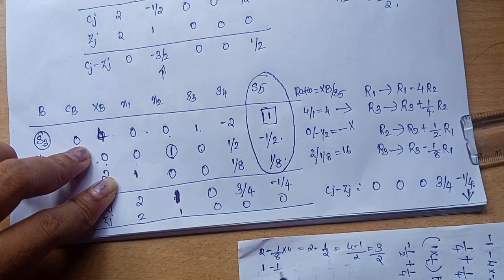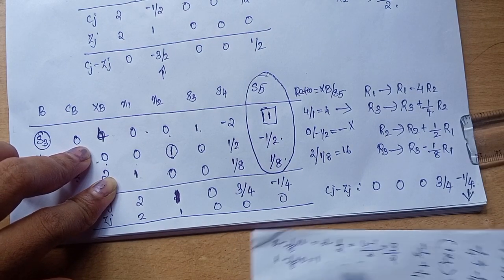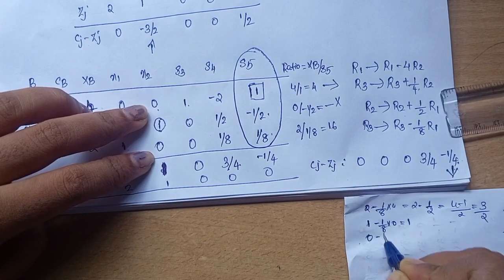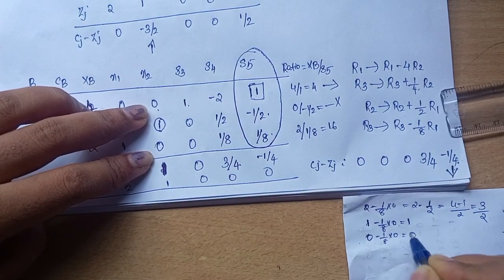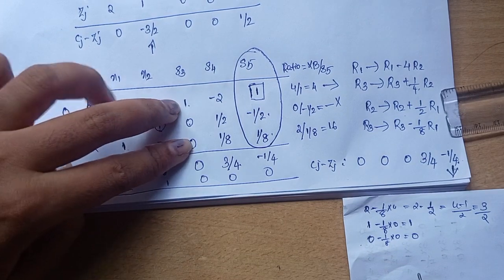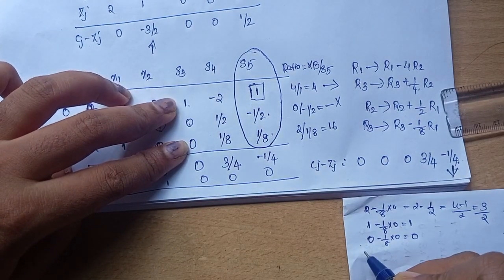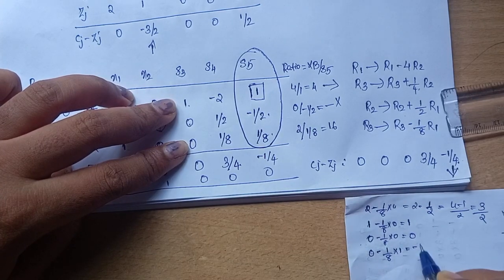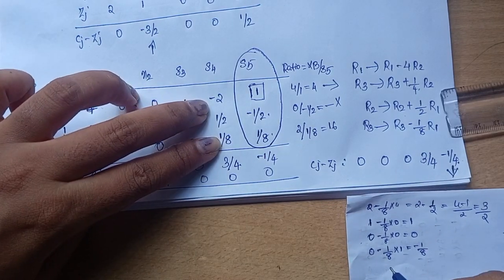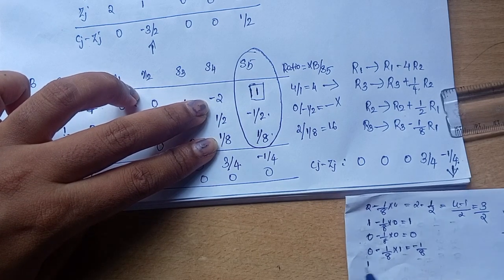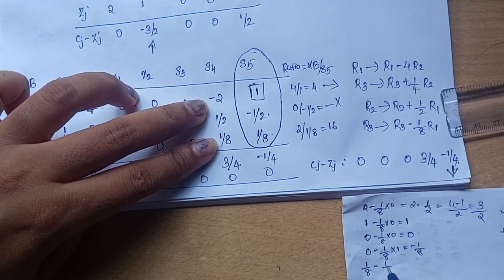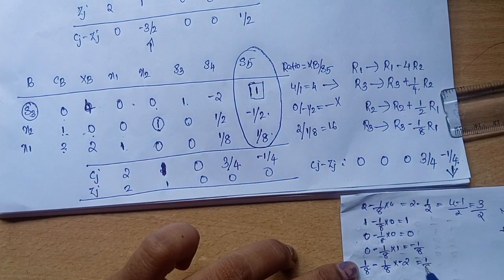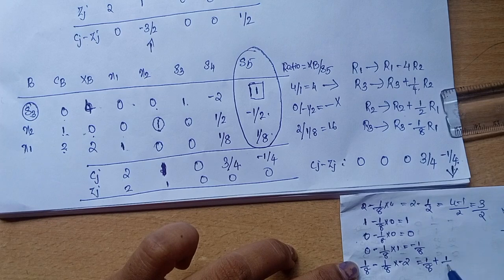1 minus 1/8 into 0 is equal to 1. 0 and 0, that is 0 minus 1/8 into 0 equal to 0. And the next elements are 1 and 0, that is 0 minus 1/8 into 1, that is -1/8. And here -2 and 1/8, that is 1/8 minus 1/8 into -2. It's equal to 1/8 plus 1/4.